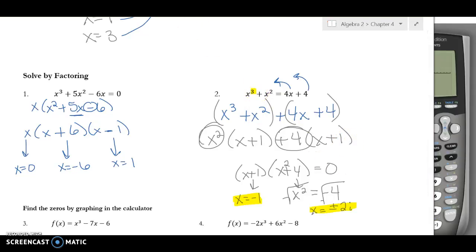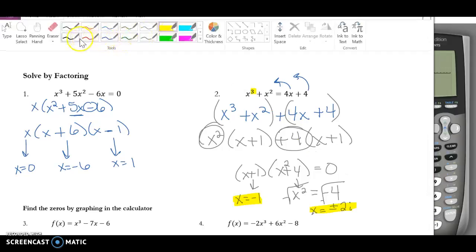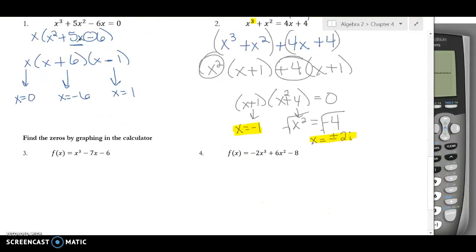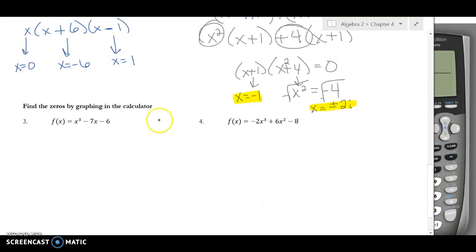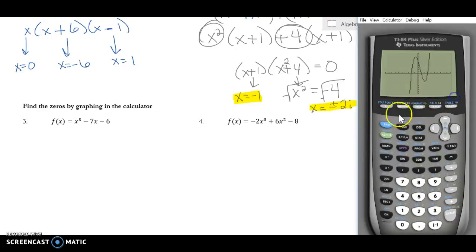All right, and then the last set of problems it's asking us to do, what am I asking you to do? Oh, find the zeros by graphing. So let's go back here to our calculator. Clear that out. And so it's going to be x to the third minus 7x minus 6. And so I graph.